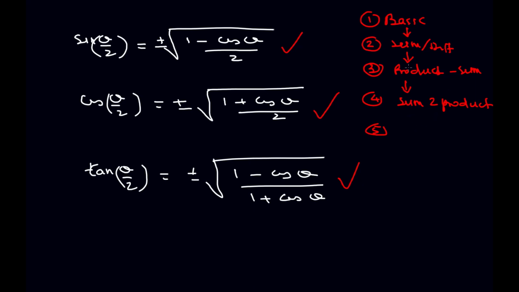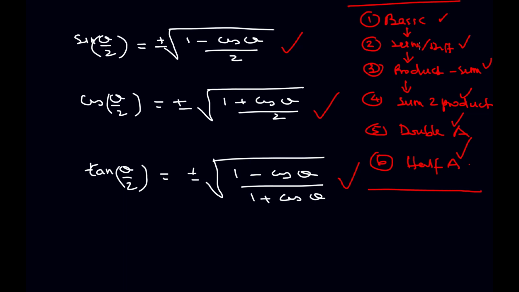Then we can move from the sum or difference to double angles, and from double angles, we can move to number 6, which we said were half angles. If one knows the basic, the difference and sum, product to sum, sum to product, double angles, and half angles, then I think you are ready to deal with any problem you might be given in trigonometry.